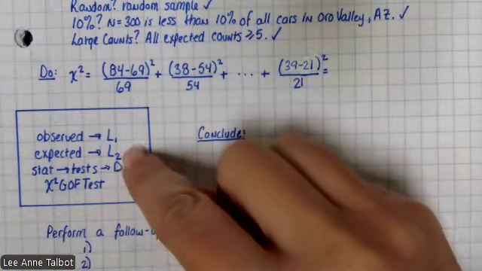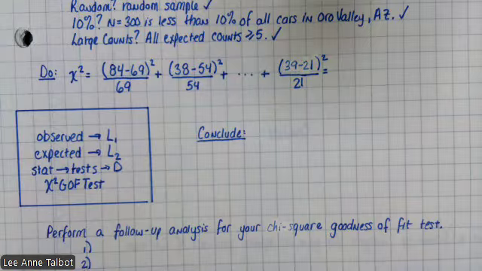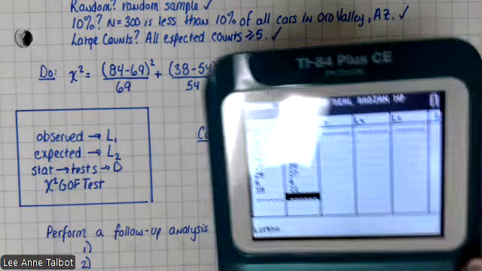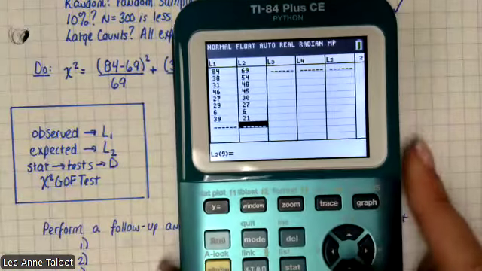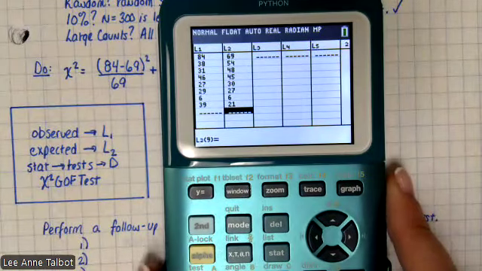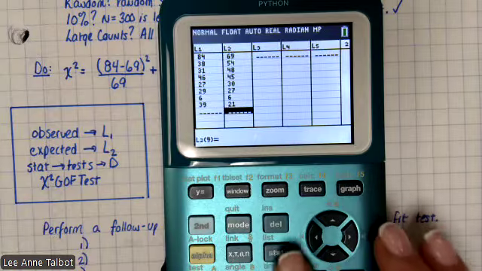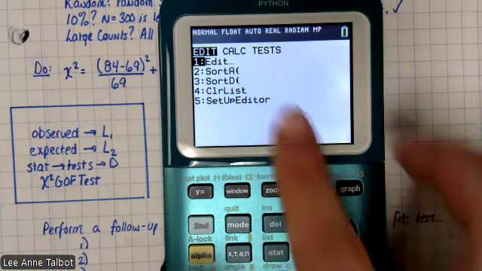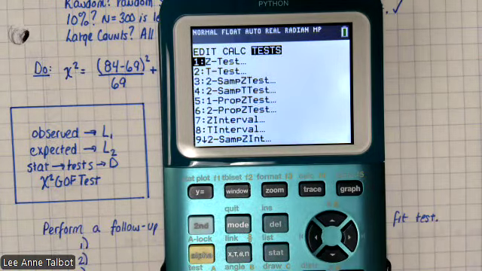You already did the first two, and then be prepared to just be angry with me, except for that you can't. So, you've got your observed in L1, your expected in L2. You hit the stat button, scroll over to tests, and now prepare your fit of rage.